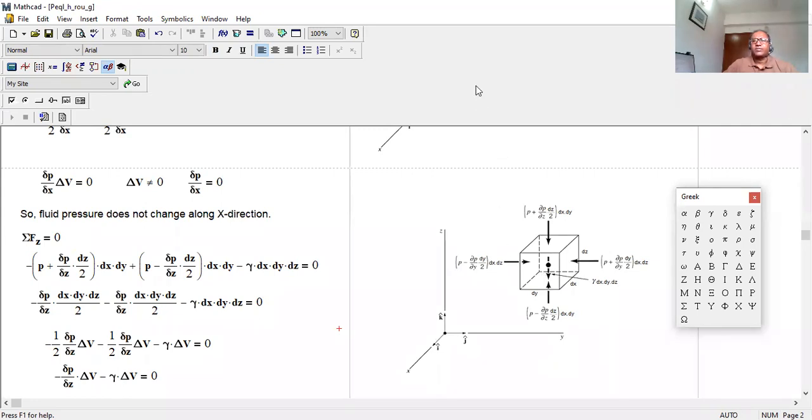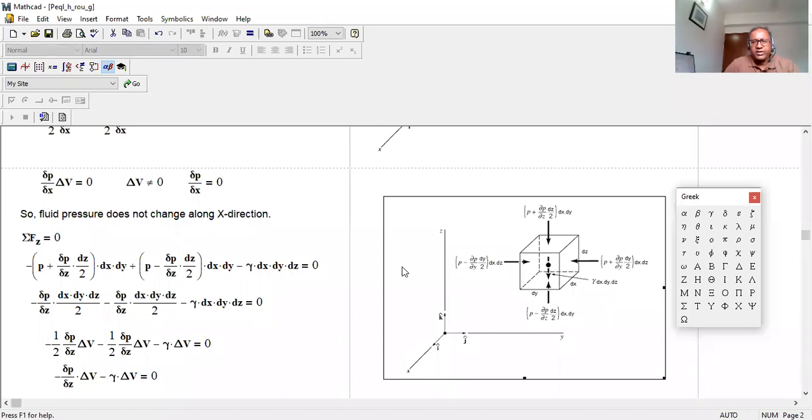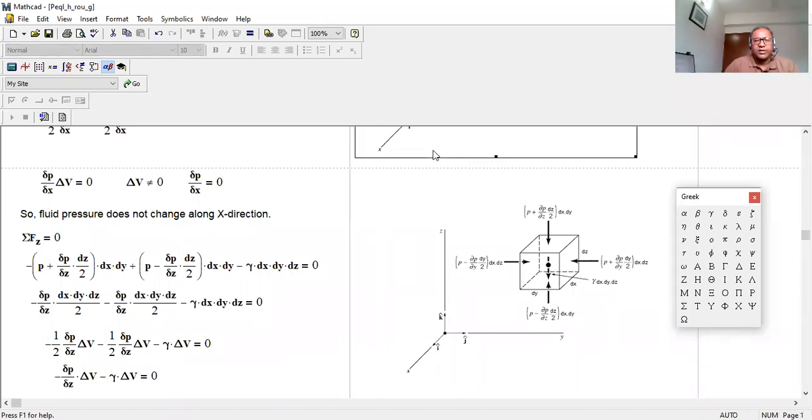So how will we get the weight? Weight W will be equal to mass times g, that is rho times g times volume.